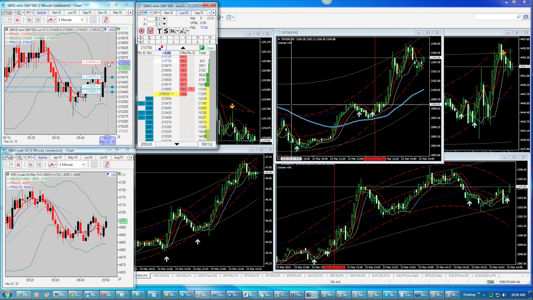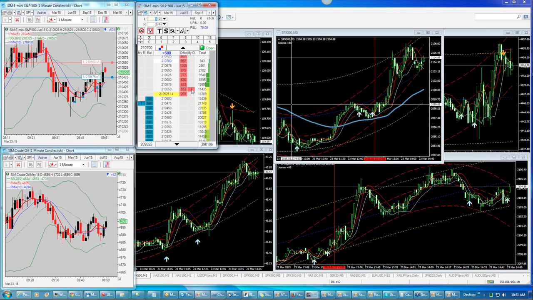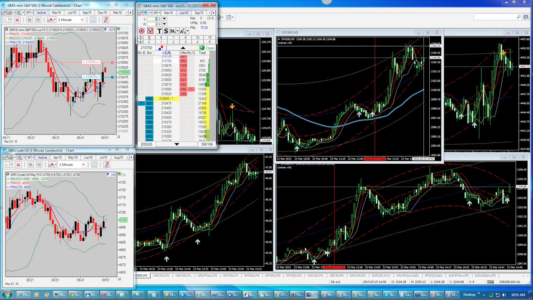It extended through that zone, could come back. Looks like it can go take that high out.